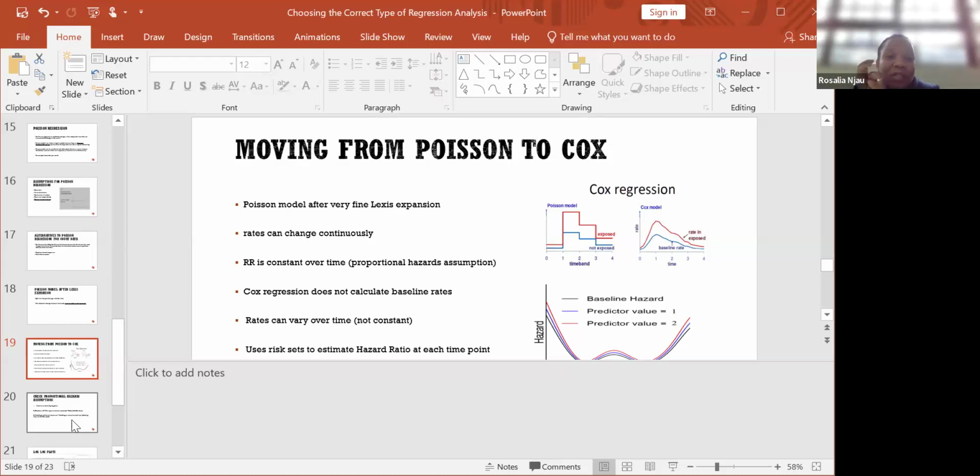Cox regression does not calculate baseline rates in this case. We already said that the baseline is meant to be constant. Now we are trying to relax this assumption by allowing it to change proportionally with the exposure, and we really cannot talk about the baseline hazards here. So rates can vary over time, not constant. It uses risk sets to estimate the hazard ratio at each time point.